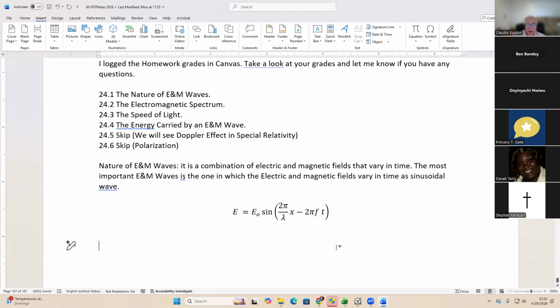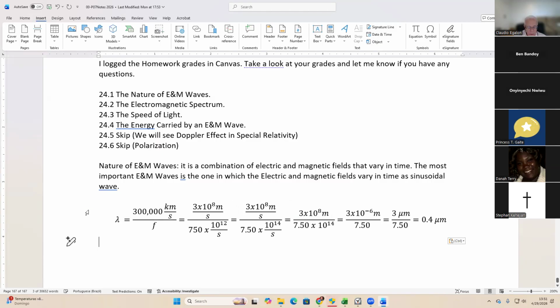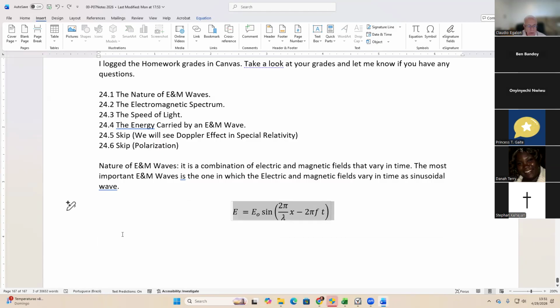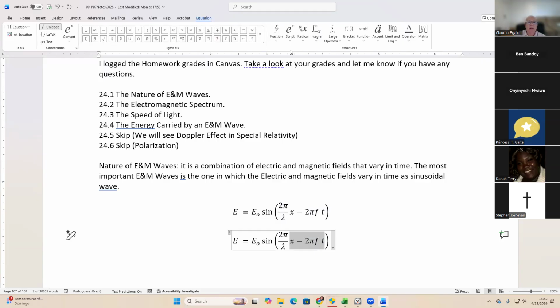Another way of expressing this equation would be to put the k term in evidence.